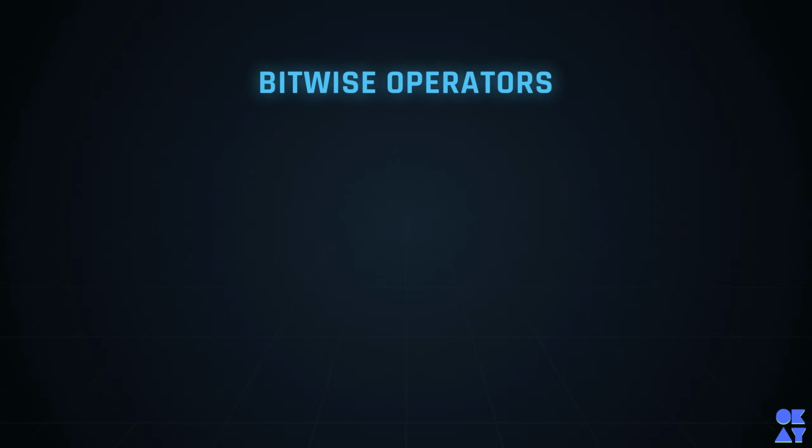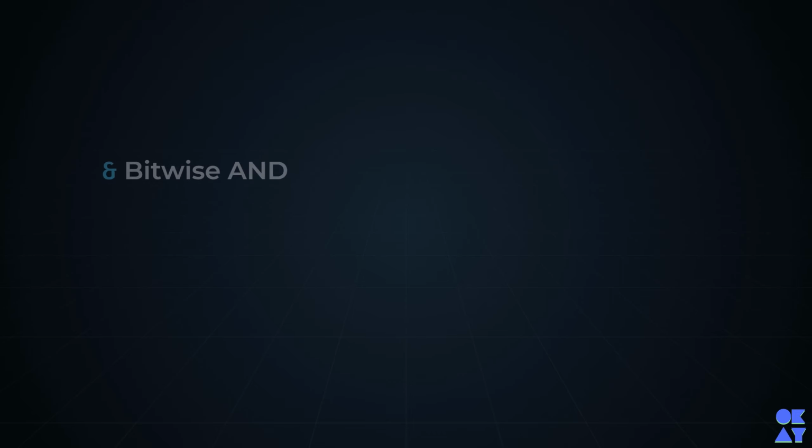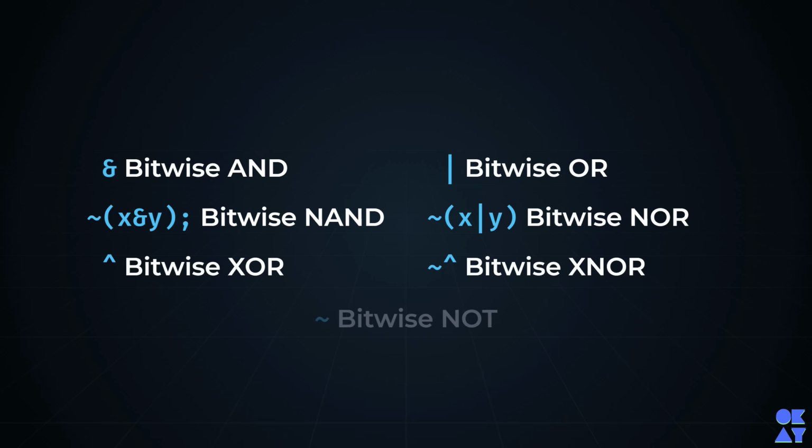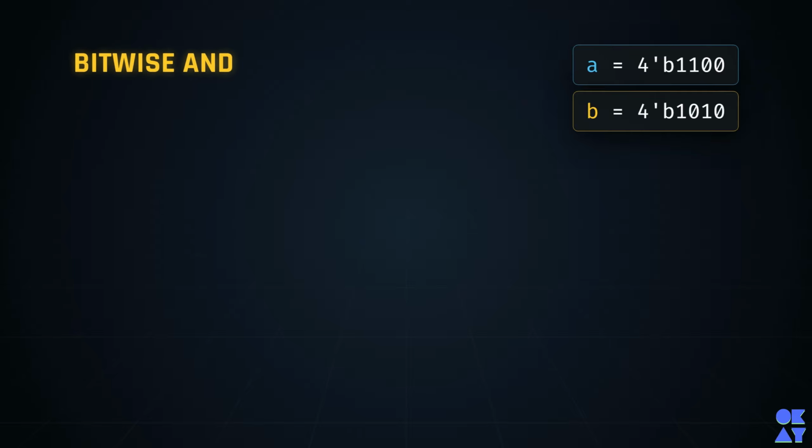Bitwise operators. Now let's understand bitwise operators. As the name suggests, these operations are performed bit by bit. These include bitwise AND, bitwise OR, bitwise NAND, bitwise NOR, bitwise XOR, bitwise XNOR, bitwise NOT. Let us consider A equals 4-bit 1100, B equals 4-bit 1010. Bitwise AND.